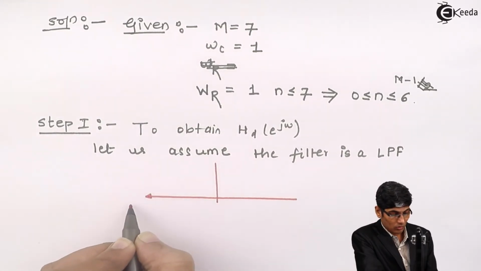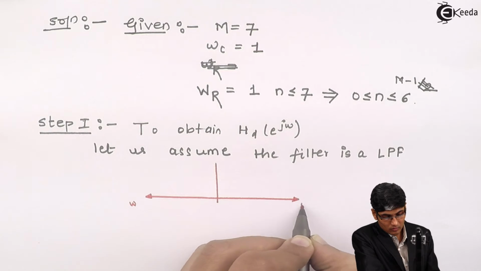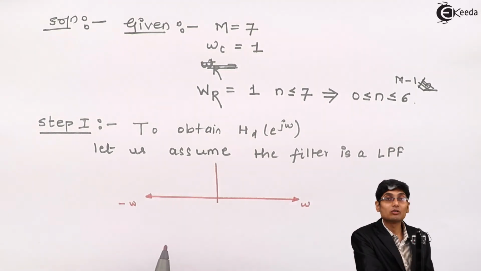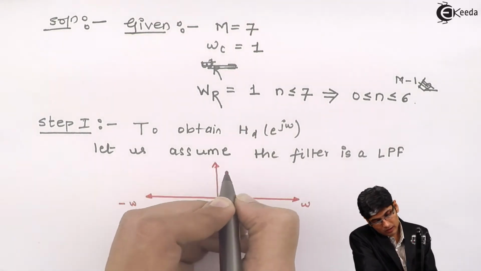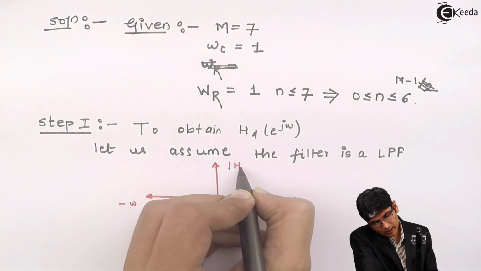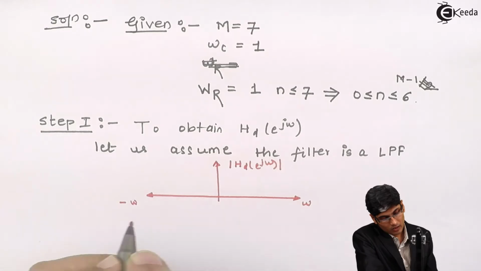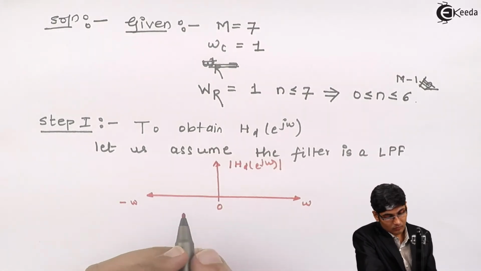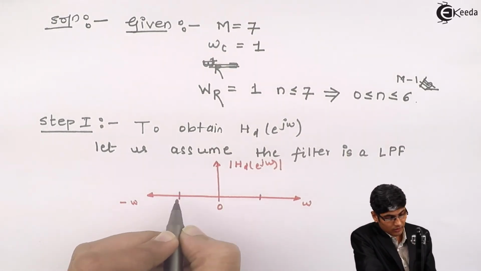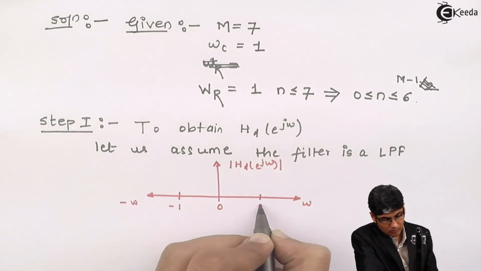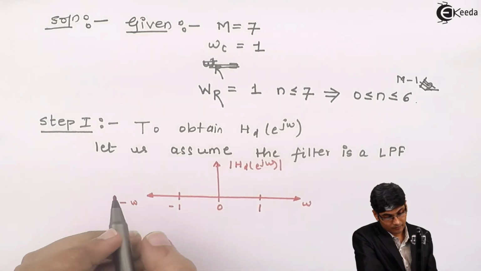So this is my omega, going from minus pi to plus pi. This is my mod of Hd of e raised to j omega. This is my 0. The cutoff frequencies are given as minus 1 and plus 1 radians.